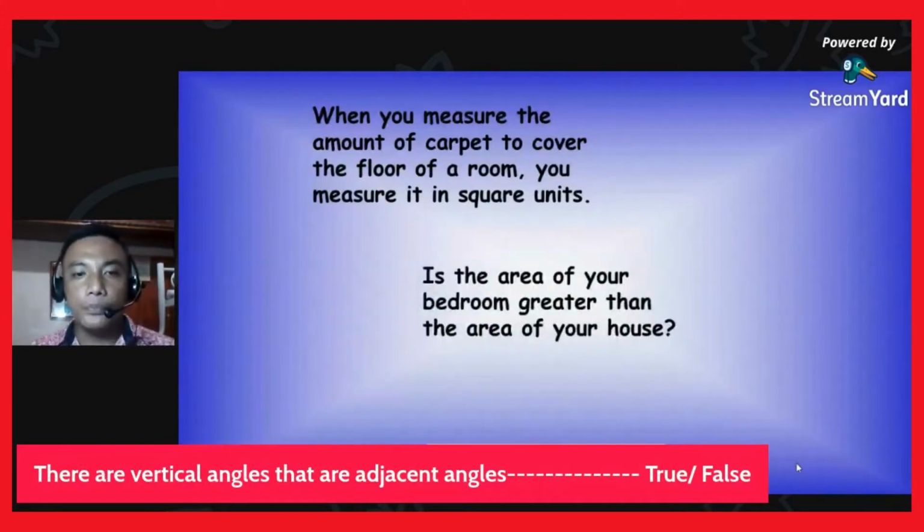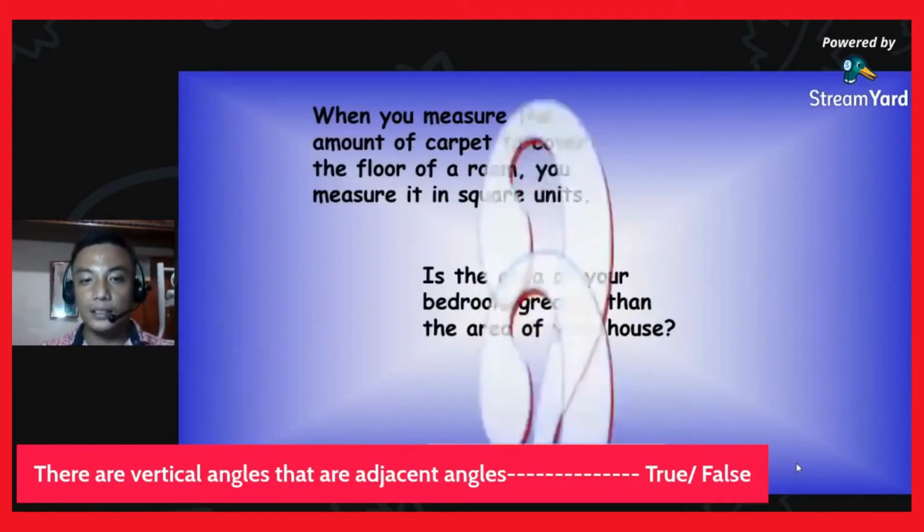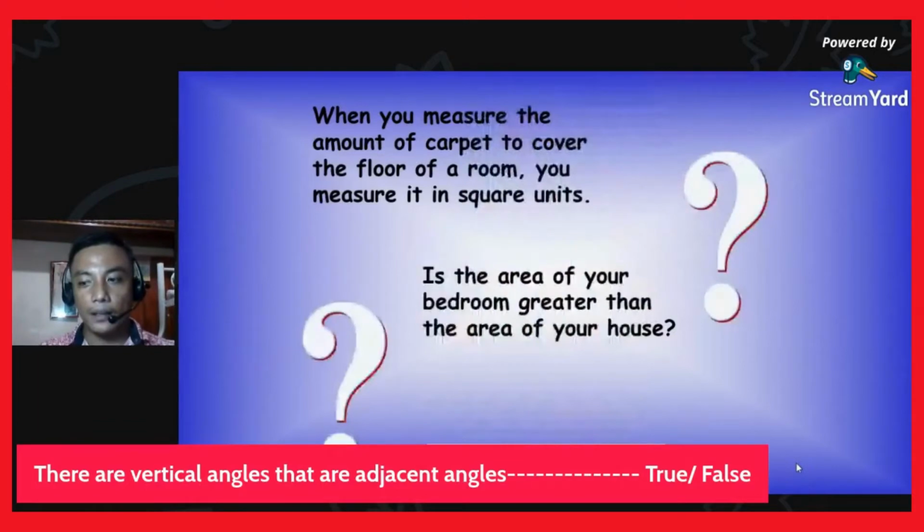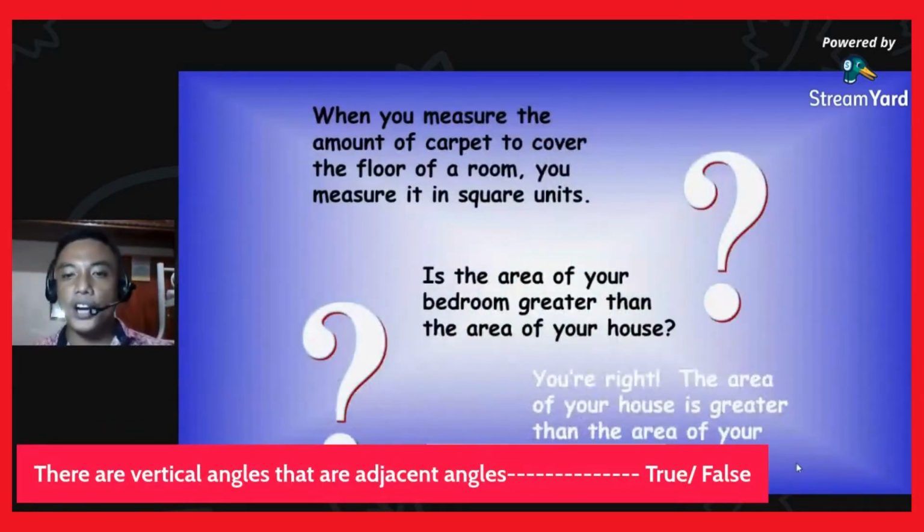Is the area of your bedroom greater than the area of your house? The area of your house is greater than the area of your bedroom, again because your bedroom is just a part of the main house.